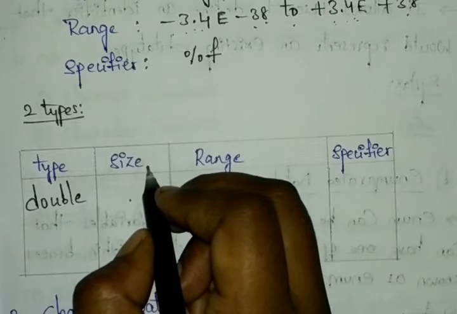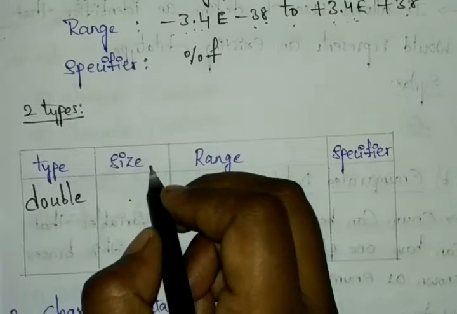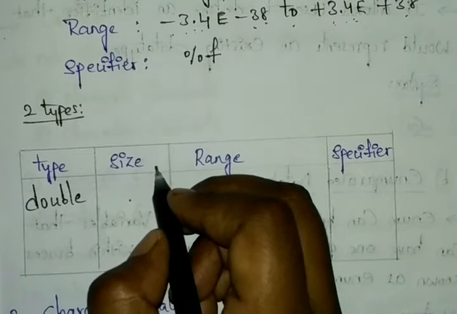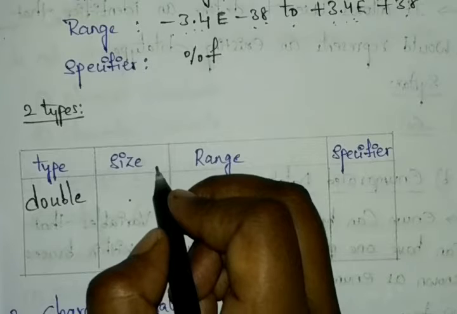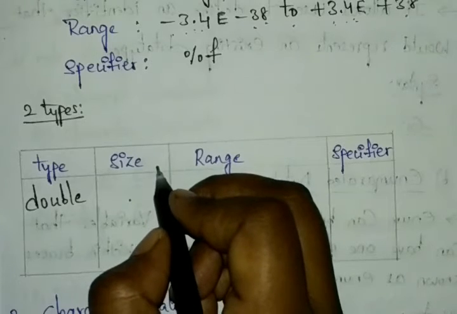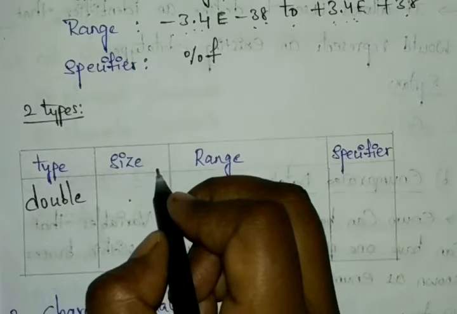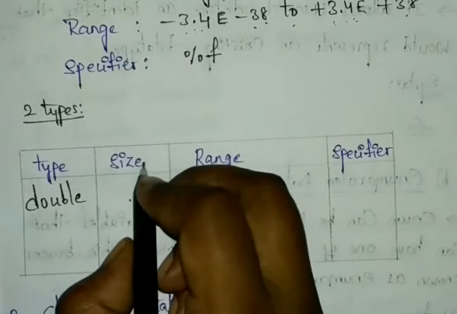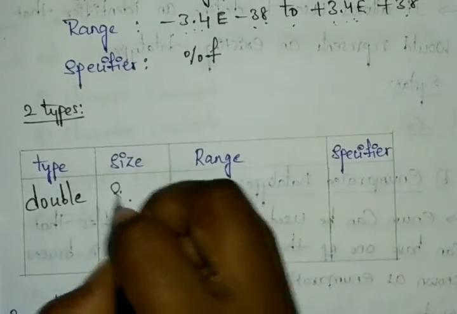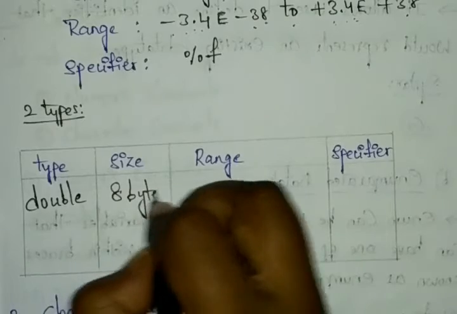It is similar to the floating data type, in that we can also access fractional points, but the size is larger. The float has just 4 bytes of memory, right? So in double we have a total of 8 bytes of memory.